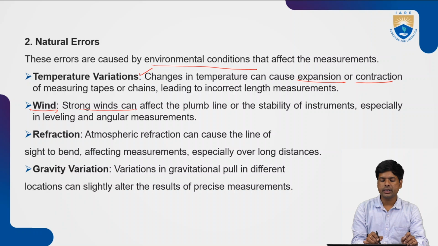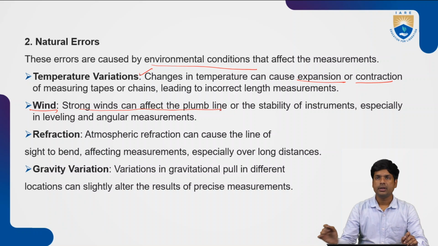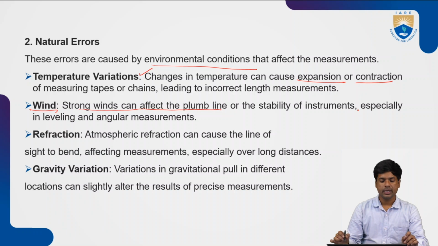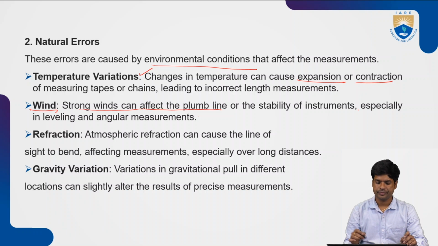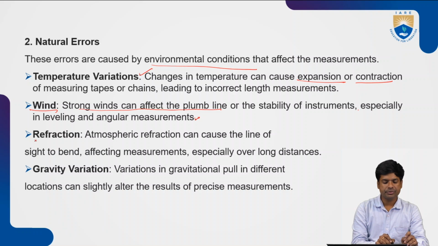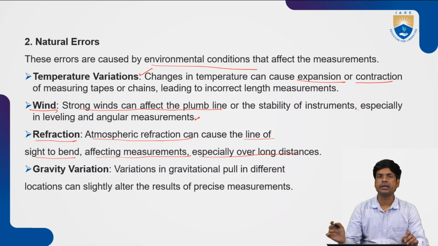Strong wind can affect the plumb line and stability of instruments, especially in leveling and angular measurements. When you do level surveying, there may be an effect of wind, which is going to affect leveling and the stability of the instruments. Next one, refraction. Atmospheric refraction can cause the line of sight to bend, which affects the measurements, especially over long distances.